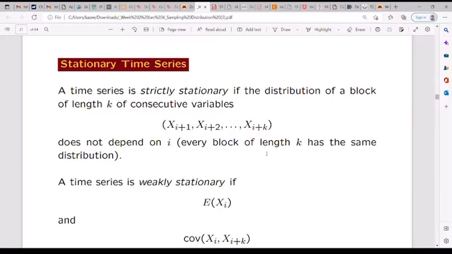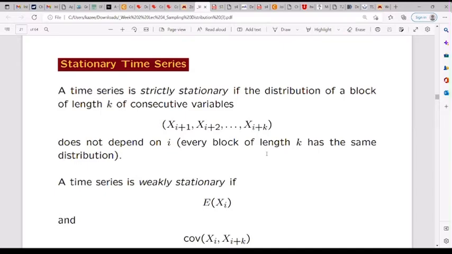We have two types of stationarity: strict stationarity and weak stationarity. I'm going to talk about what we mean by that, because one of the assumptions underlying the use of time series models is that we want stability. That is one of the assumptions.